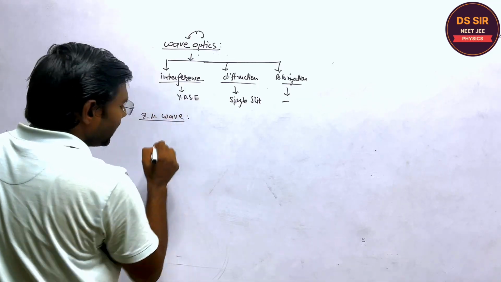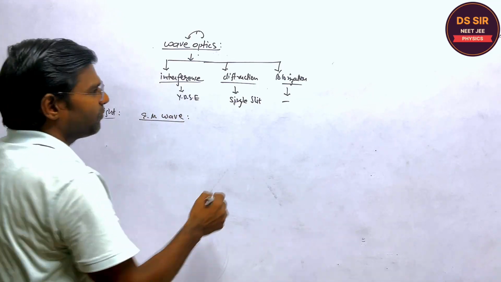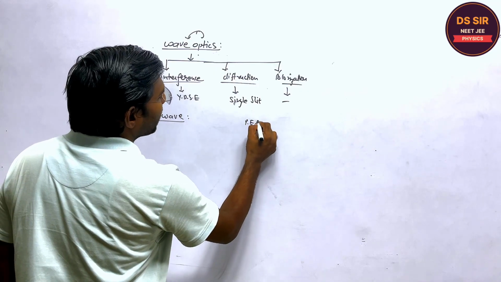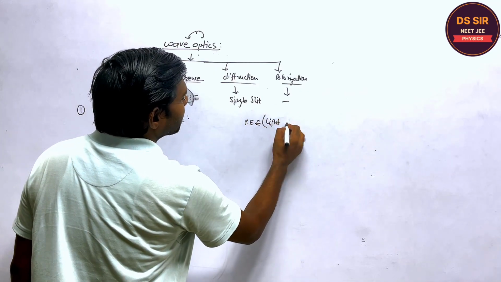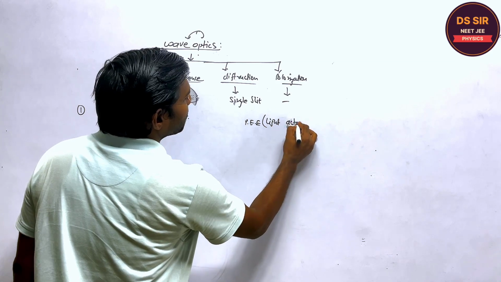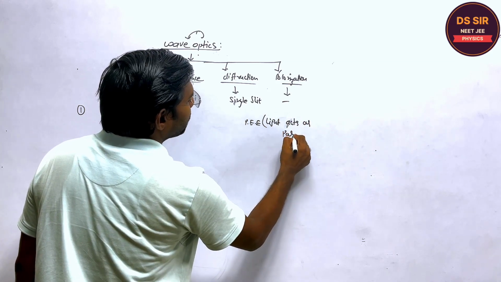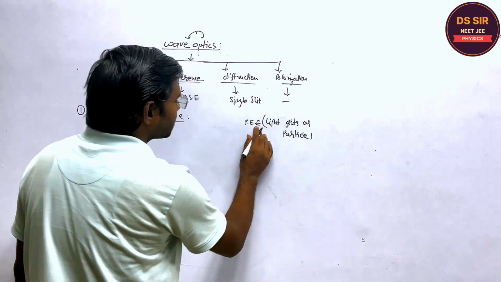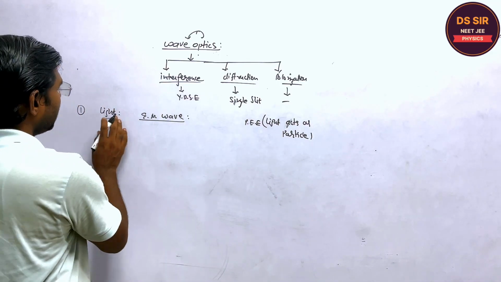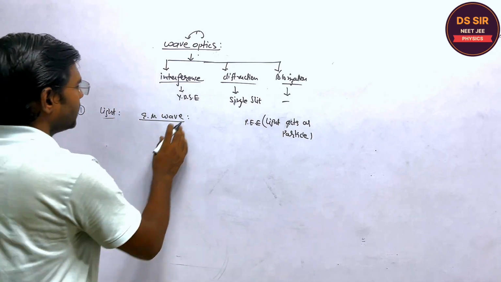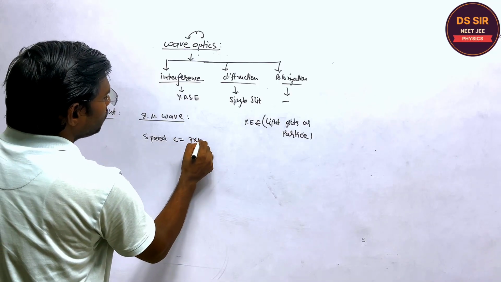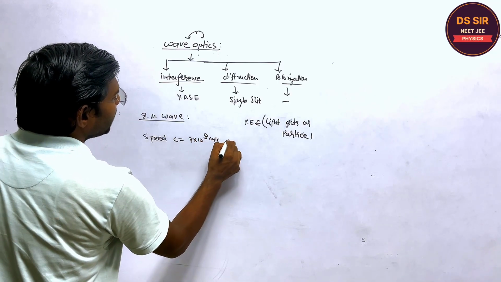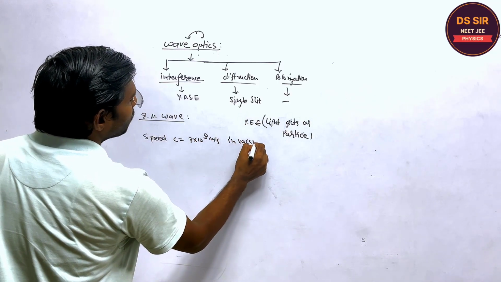Sometimes it may act as a particle. For the photoelectric effect, light acts as a particle. We will discuss this in modern physics, but here light is the electromagnetic wave whose speed is c equal to 3 times 10 to the power 8 meter per second in vacuum. Are you getting or not?